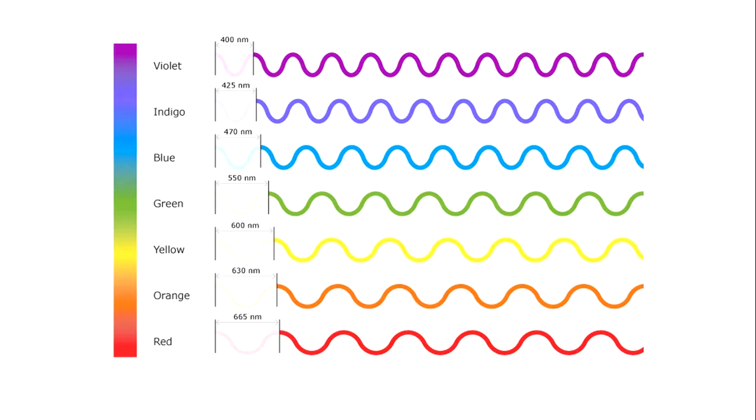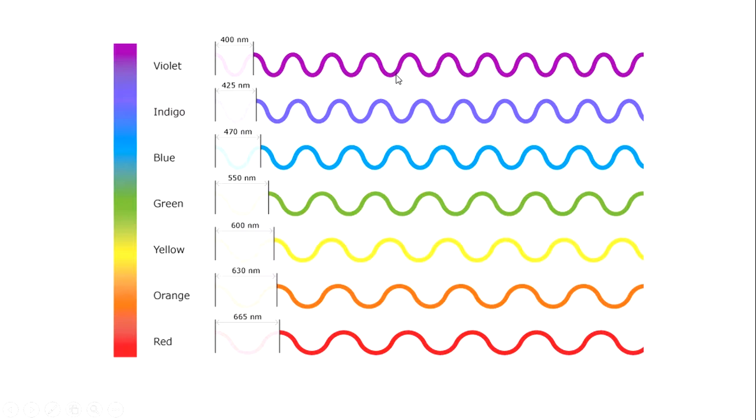Visible light waves with longer wavelengths look red. You can see here they have longer wavelengths. Now visible light waves with shorter wavelengths look violet. This is the violet color with the purple color. You see that their wavelengths are quite shorter.